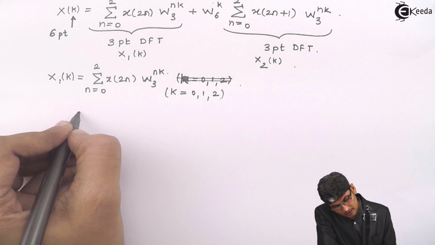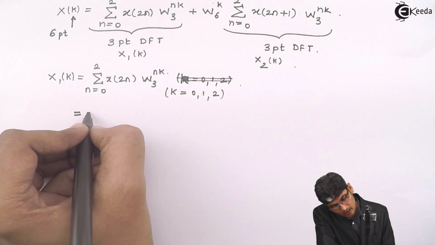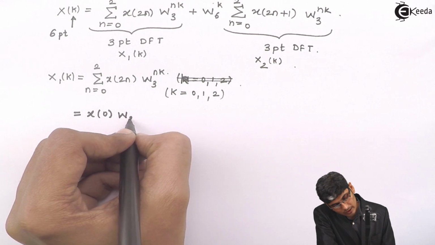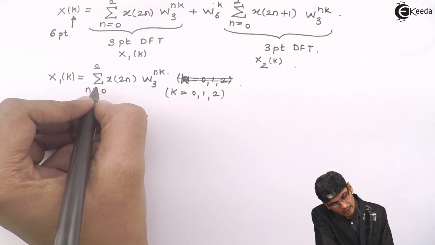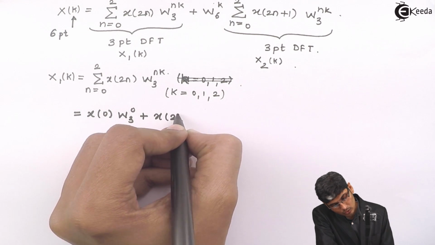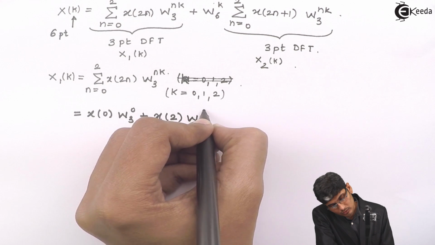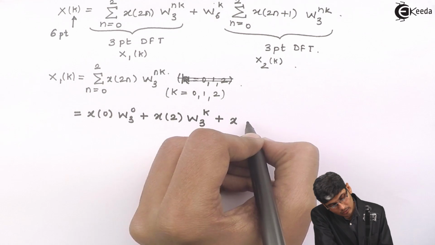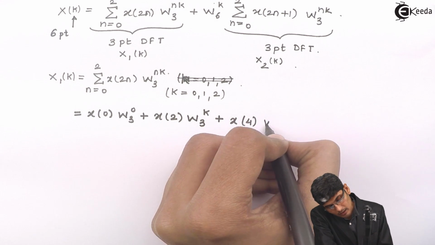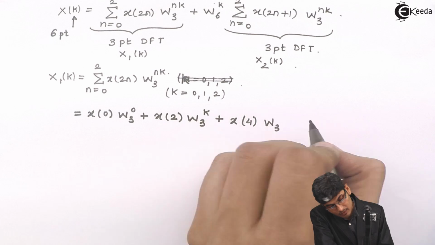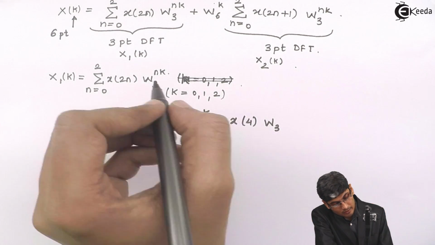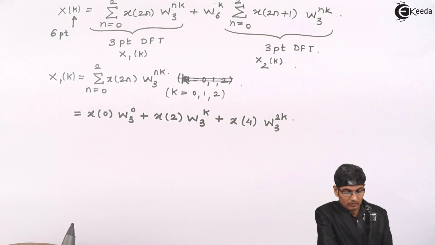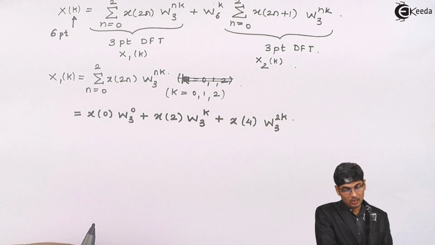If I open this, putting the value of n: n is equal to 0, 2 multiplied by 0 is 0, so x of 0 W3 raised to 0, plus n is equal to 1, x of 2 W3 raised to k, plus n is equal to 2, it becomes x of 4 W3 raised to 2k.